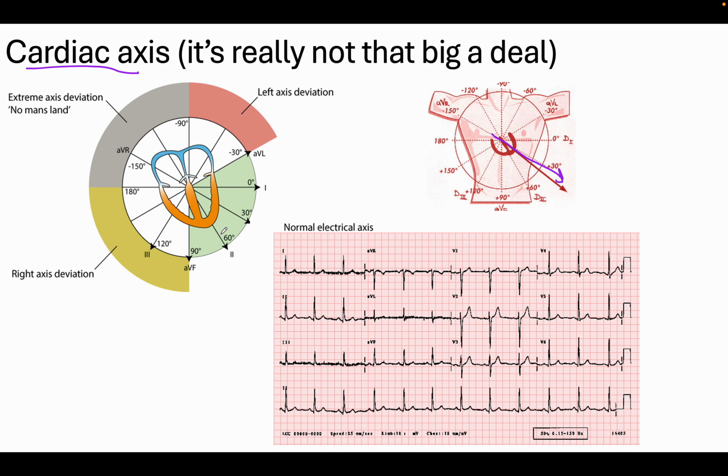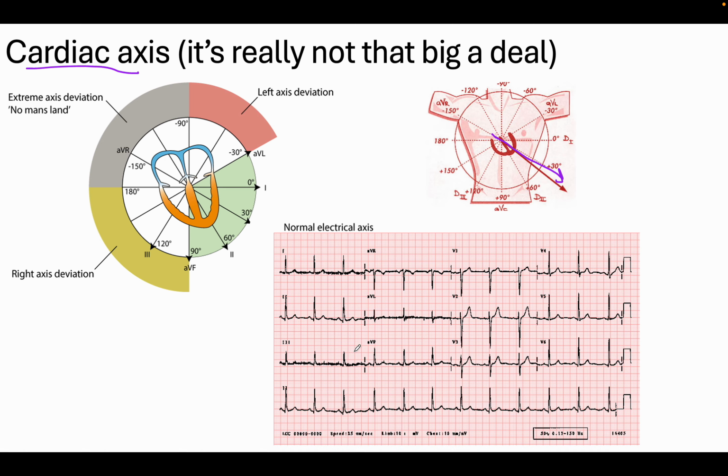So how do we work that out? We first look at lead 1. This is lead 1 here, because we know it's one of our lateral leads. It should be positive because the signals are going towards this lead. Likewise, lead 2 is also assessing the left ventricle, so that should also be positive because electricity is going towards it on an average vector.